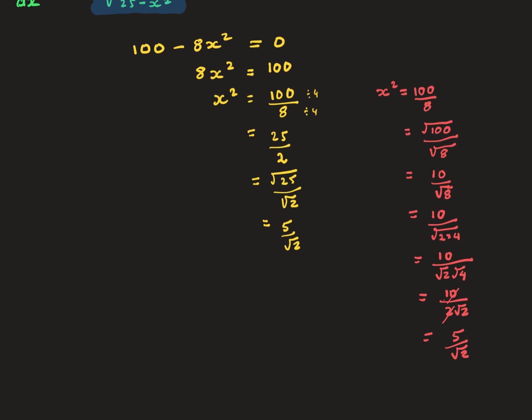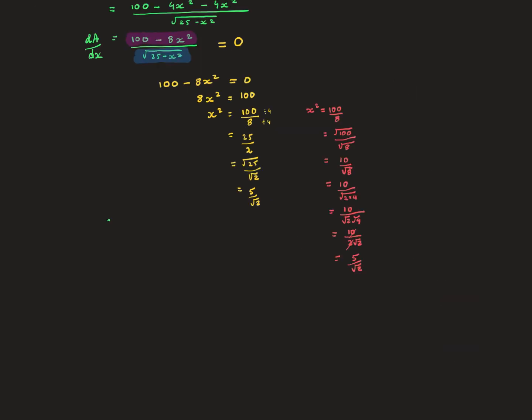Okay, we still get the same answer, whichever way you want. You may have started doing the yellow way, or you may have gone through the red way. It doesn't matter. Therefore, when dA over dx is equal to 0, x is equal to 5 over root 2.